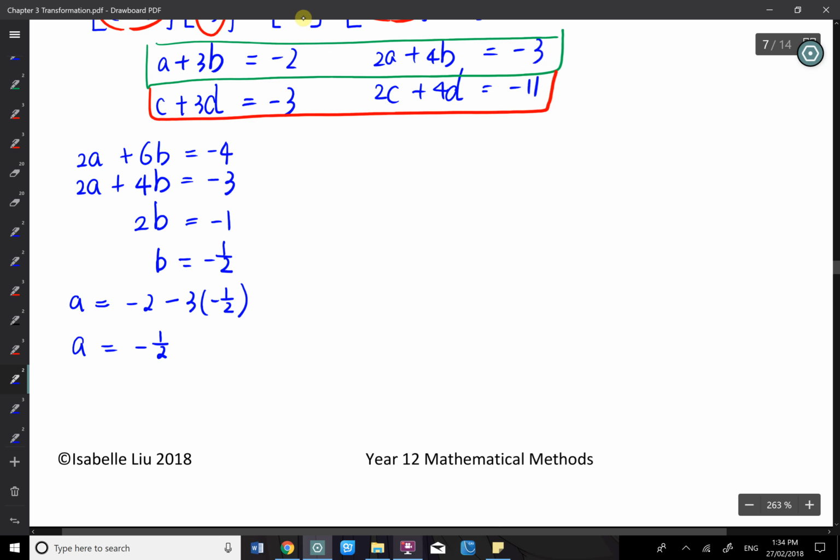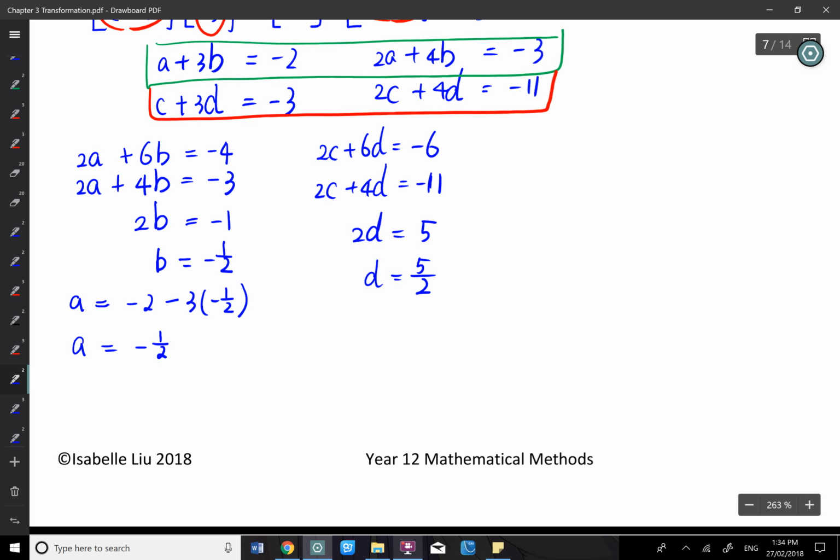Same thing here. 2C plus 6D equals -6, and 2C plus 4D equals -11. So 2D equals 5, and D equals 5/2. Well, they are just calculations. I don't want to go through that with you, you can figure it out by yourself later.